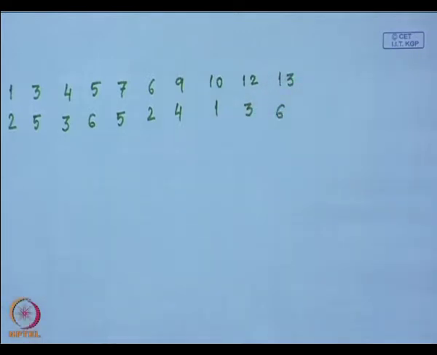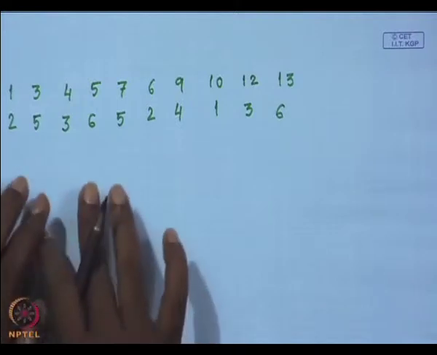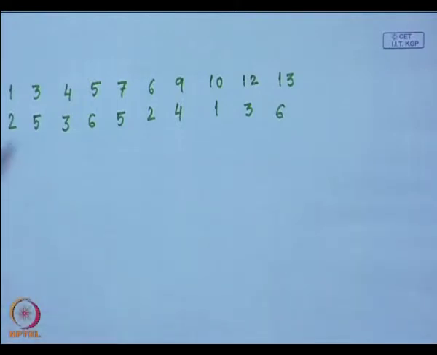These are the feature vectors from class omega 2, and considering all these feature vectors, I have to find out the covariance matrix.